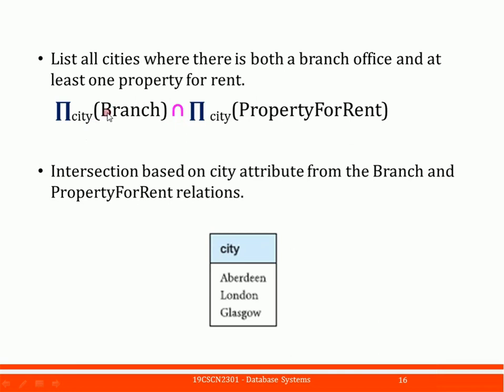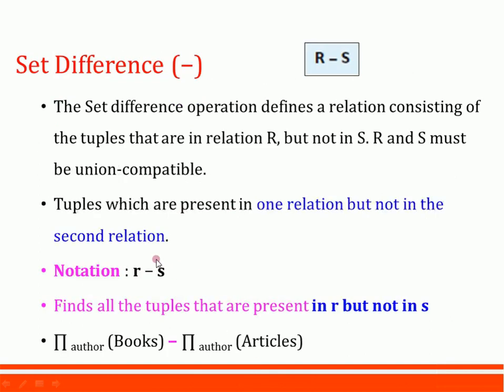So this query is going to project the city which is common in both branch and property for rent. So list all cities where there is both a branch office and at least one property for rent. Only when the city occurs in both the relations will it appear in the result. This is the intersection based on the city attribute from the branch and the property for rent relations. So this intersection stands for common attributes.